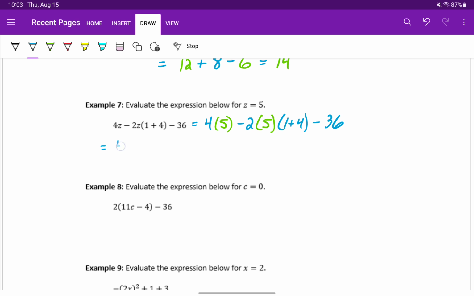So the first thing we'll do is evaluate the operation inside those parentheses, which will give us 5. And then move on to multiplication, which will give us 20 minus 50 minus 36. And then completing those subtraction steps will leave us with a final answer of negative 66.